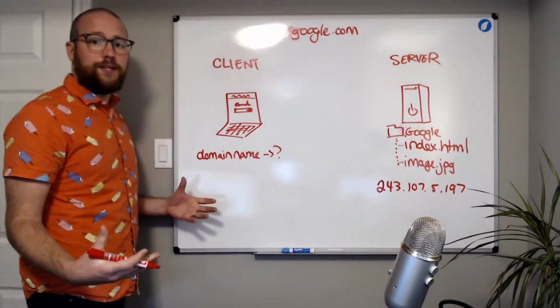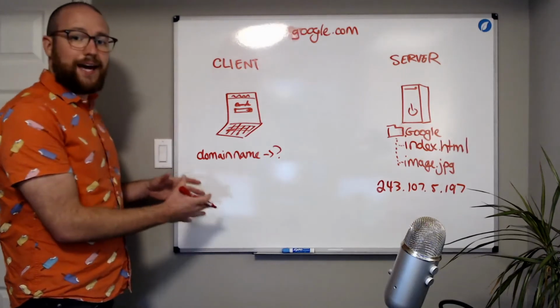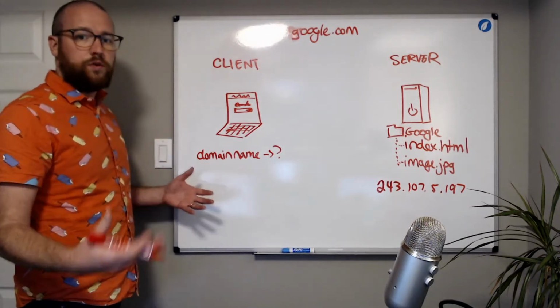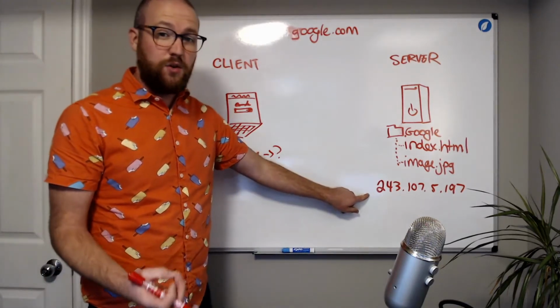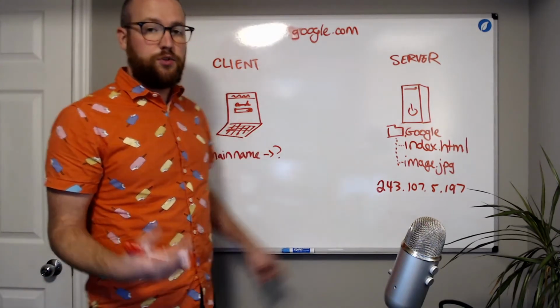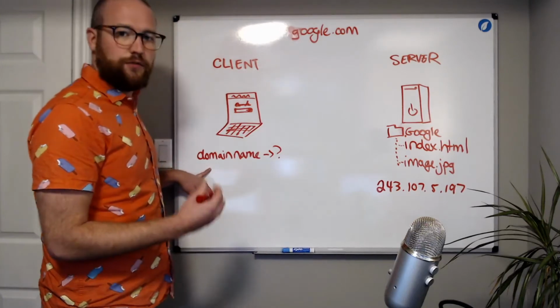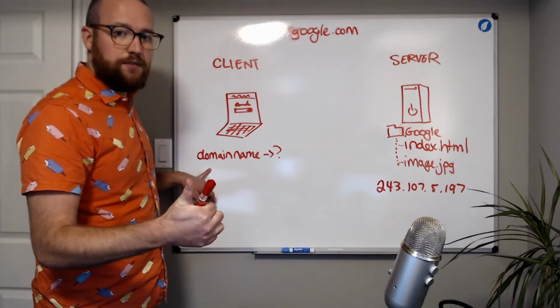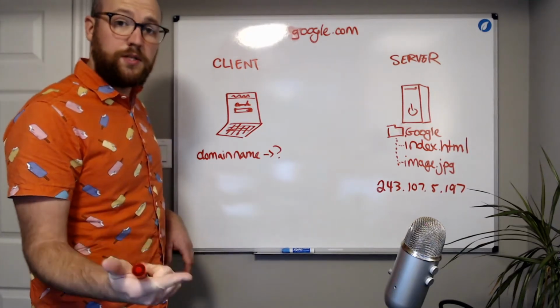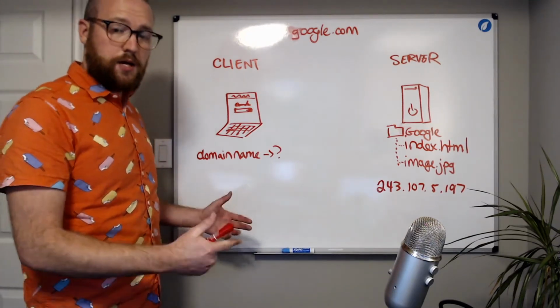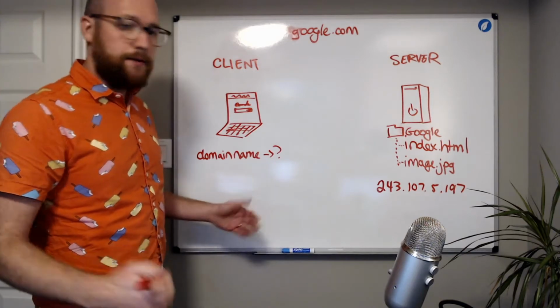Okay, so we need to know if google.com points to this. We need to know how that exists. As I said, a lot of times that's cached by your browser. Your browser already knows where google.com goes. However, this number could change, or if I've never been to google.com, I need to know this number. So first it checks your browser cache. If your browser doesn't have it, it checks your operating system's cache. If you're using Windows, your operating system is Windows. If you're using Linux or Mac, it's Linux or Mac.